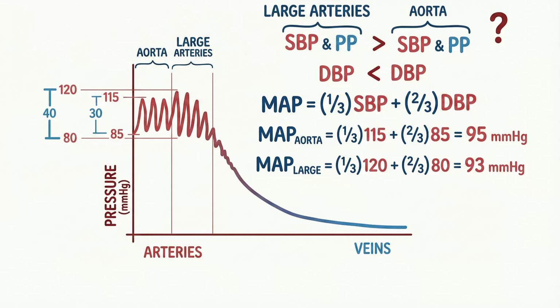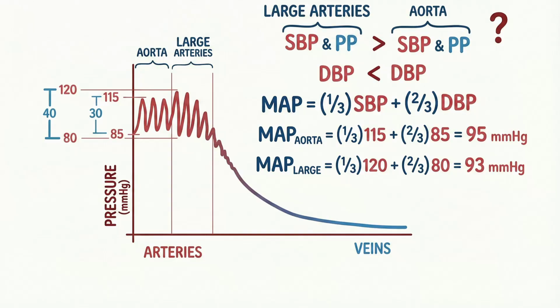Alright, so it should seem a little weird that both systolic pressure and pulse pressure are higher in the downstream arteries, since we know that blood wants to move from a high-pressure area to a low-pressure area. But one thing to remember is that in the large arteries, the diastolic pressure is lower, and remember that it's the mean arterial pressure that drives blood flow, which is mostly affected by diastolic pressure, which is highest in the aorta.